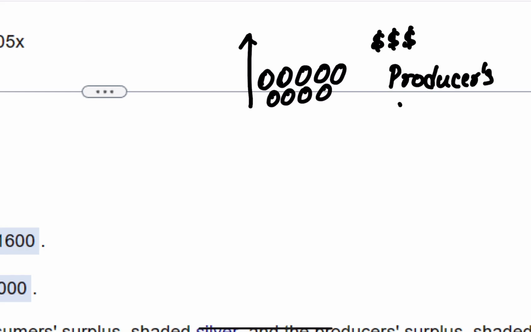So what we save is consumer surplus. What they gain is producer's surplus. Okay, isn't that funny? And the equilibrium is when the producer's surplus, where the demand is same as the consumer's surplus. So let's go ahead and take a look at this problem here.